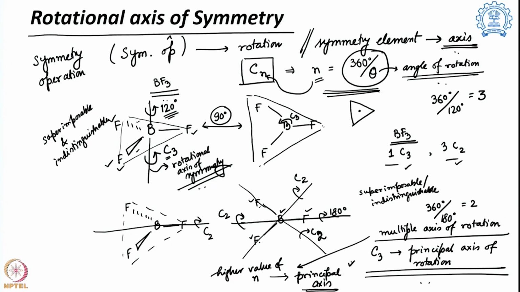That is why we want to understand the principal axis, and it is typically the highest value of n. Between C3 and C2, C3 is the highest value, so we end up having C3 as the principal axis of rotation.